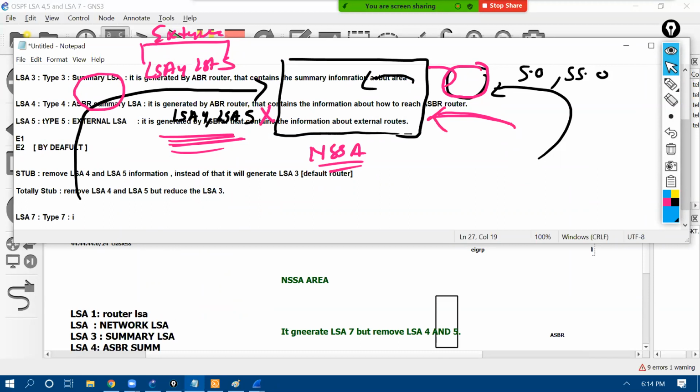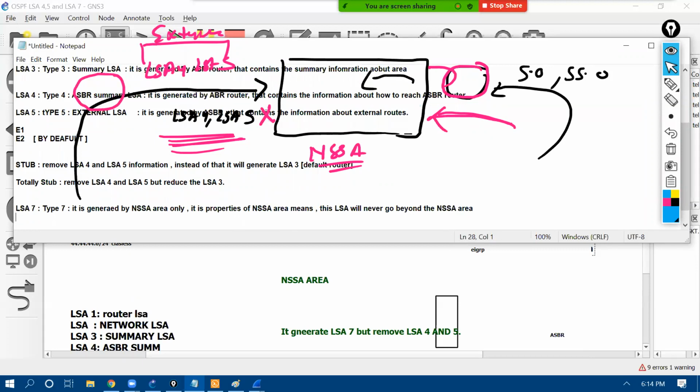It is generated by the NSSA area only, and it is a property of the NSSA area. Means this LSA will never go beyond the NSSA area. In the normal area, you will never see LSA 7.